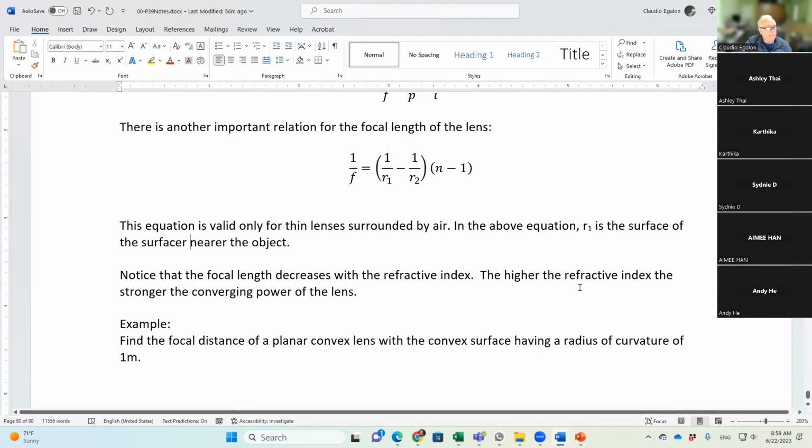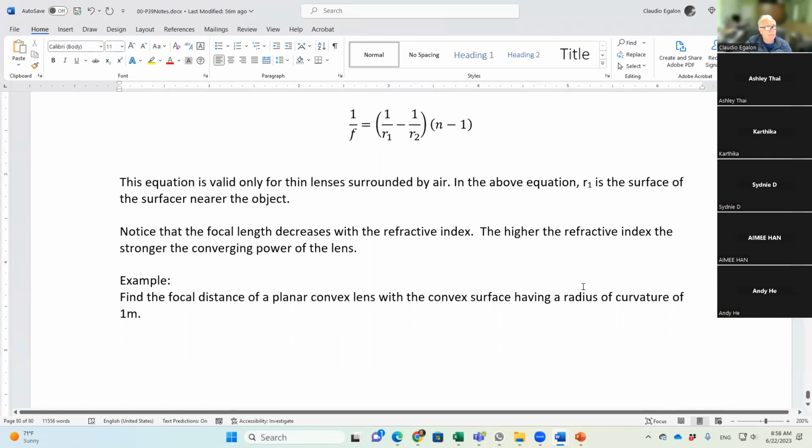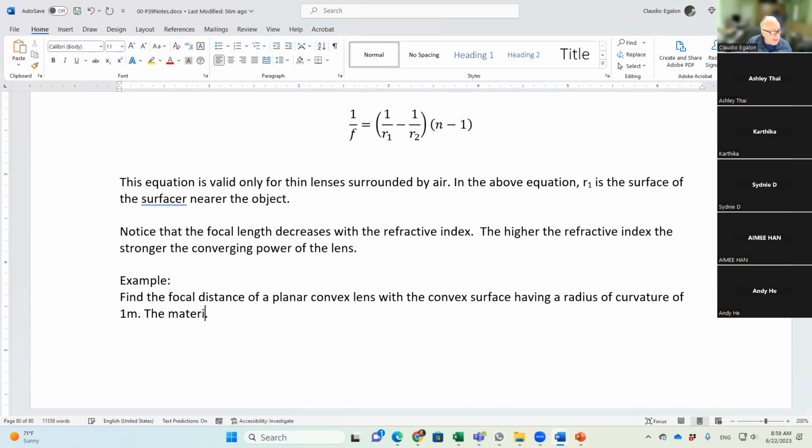Okay. So find the focal distance of the planar convex lens. The material is glass with n equal 1.5.